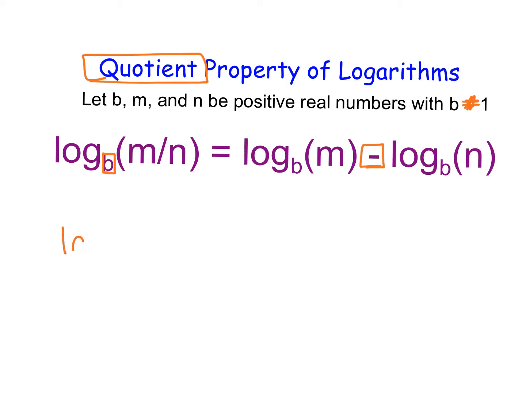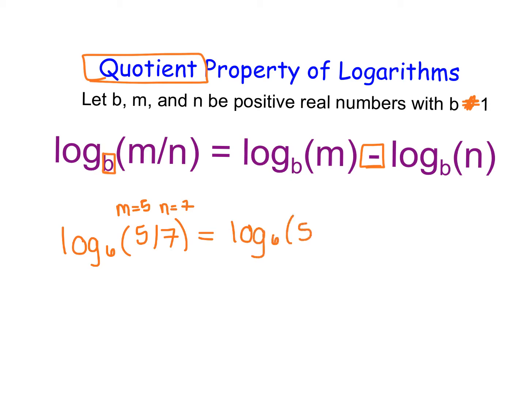Say, for example, we had log base 6 again of 5 divided by 7. Here we could have m represent 5, n represent 7, and this can be broken up into log base 6 of 5 minus log base 6 of 7.